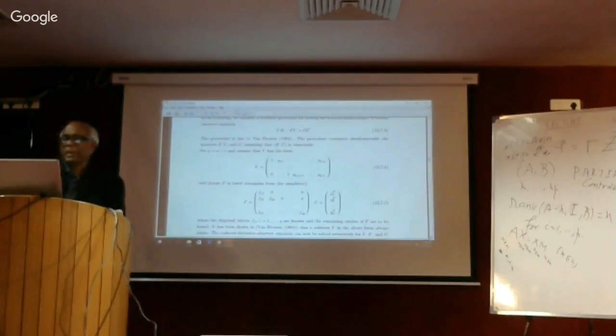So F is a lower triangular matrix with the diagonal entries known, because F has to be a matrix with assigned eigenvalues. In particular, if you want F to be stable, you can choose the entries F11, F22, up to Fqq, as some negative numbers. That's it. Then the off-diagonal entries of F have to be computed.